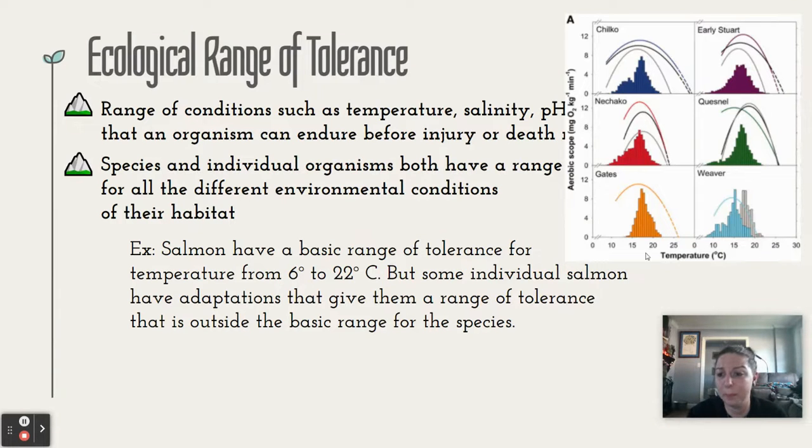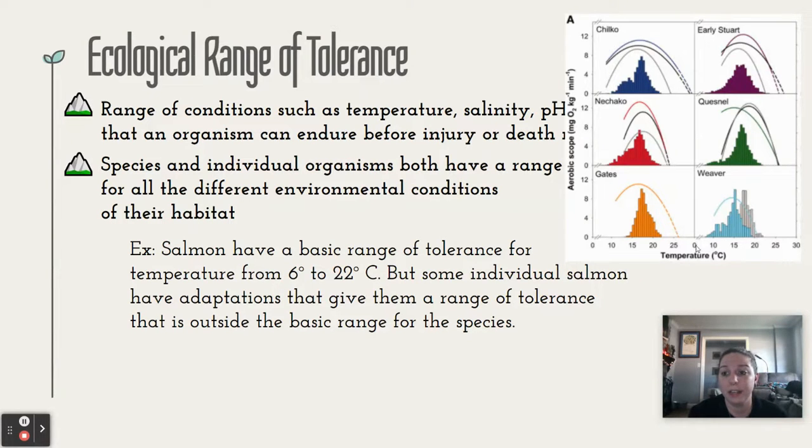So we've got our temperature here, and then our aerobic scope, which is essentially how efficiently or how well they're using the available oxygen. So you can see that some of them are going to have adaptations that allow them to survive in warmer waters. Remember, warmer waters can't hold as much oxygen as cooler waters.